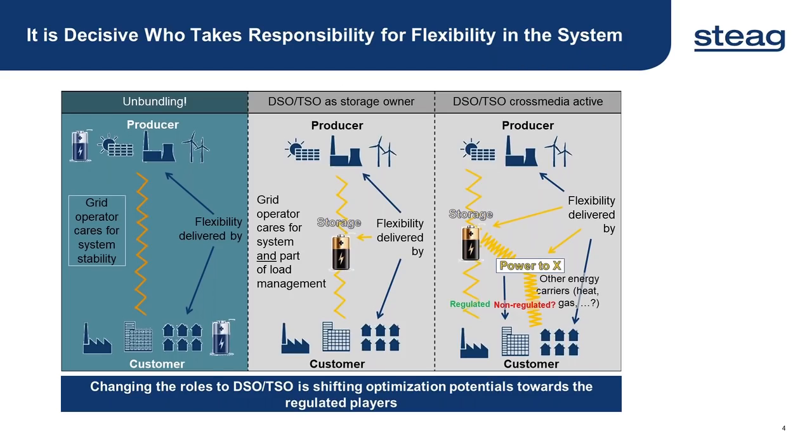And there are discussions of shifting this role more to the grid. On the left-hand side, you can see the unbundling version we are sticking to, where the flexibility is delivered by either the customer or the producer, and the grid operator is just caring for system stability.